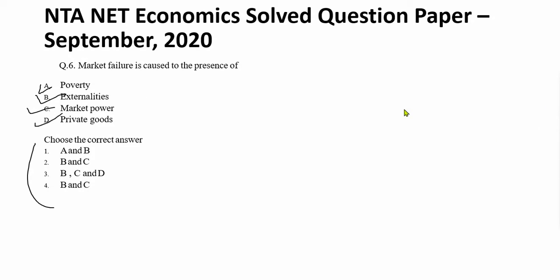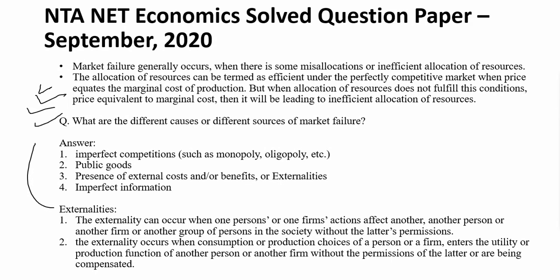So we know what market failure is. Market failure occurs when there is a misallocation or inefficient allocation of resources. It happens in a free economy where there is inefficient allocation of resources. The allocation of resources can be termed efficient under a perfectly competitive market, where the price is equal to the marginal cost of production.